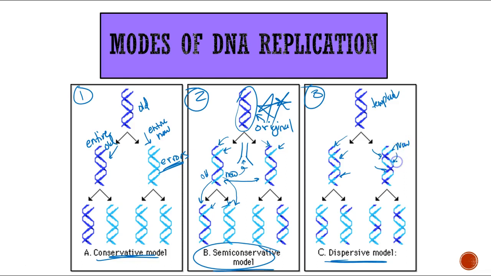We never want to cut our DNA into pieces like this, because you're just asking for mutations and other errors, which will lead to cancer or other disorders. So what we can collectively agree on is that the semi-conservative model is correct, and these are the reasons why.